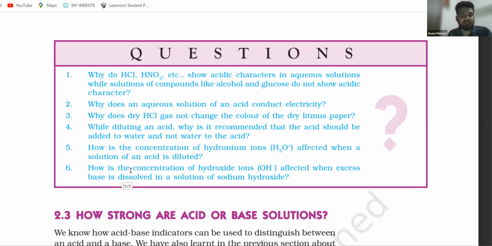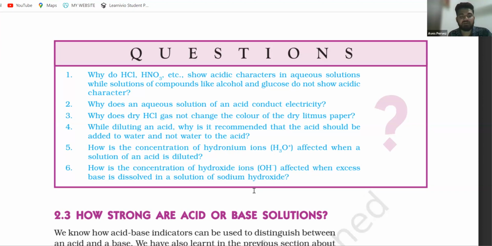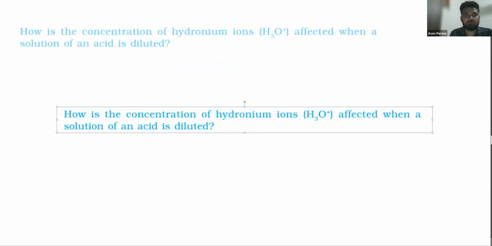So let's write the answer for this question. How is the concentration of H plus ions affected? Note it down.